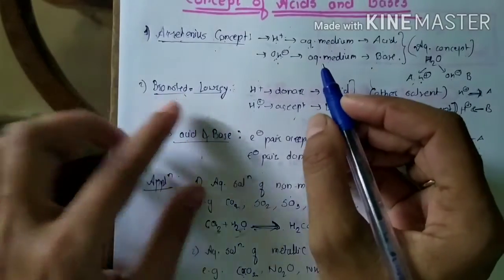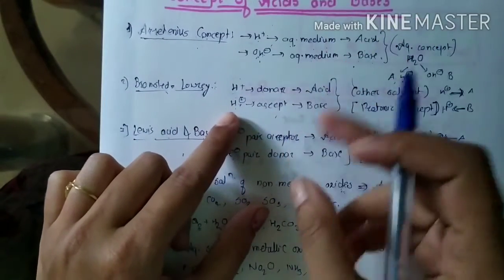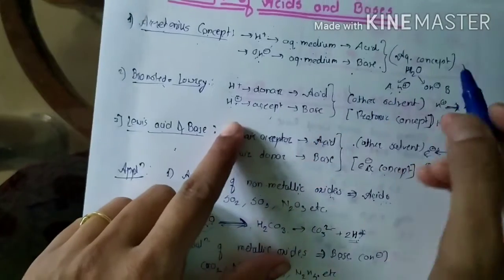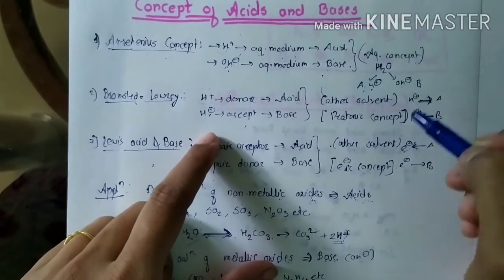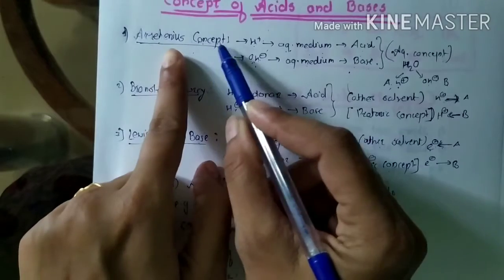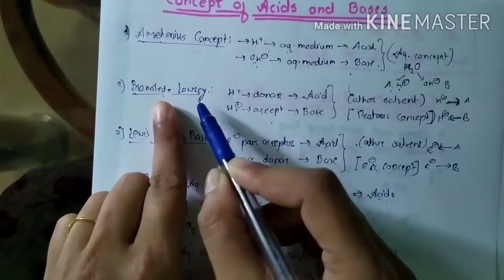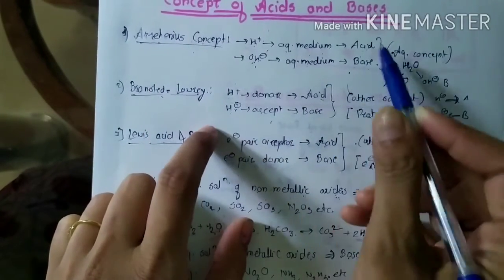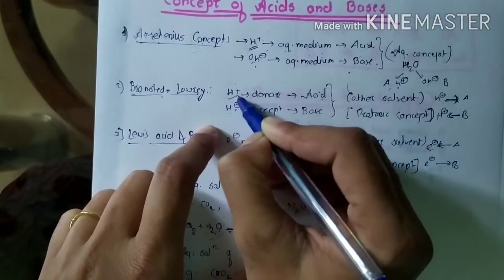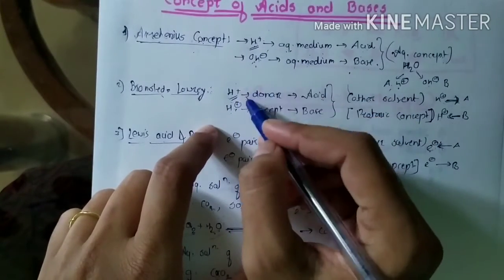You must know the difference between the concepts of Arrhenius and Bronsted. First, the main difference is aqueous medium versus other solvents. Next, the Arrhenius concept of acid and the Bronsted-Lowry concept of acid totally depend on the H plus ion.